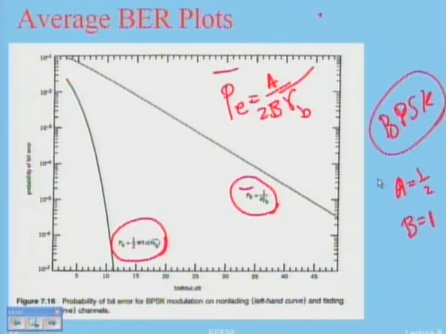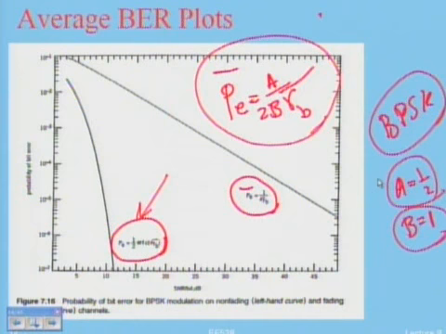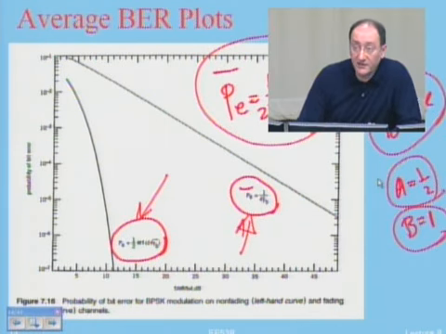For binary PSK, the probability of error is given by this, which means that A is 1/2, B is 1. Plug it in this equation. I get this thing. Okay? This is very clear for my example. But I want now to sketch them. Did you get how I derived that? That was a very simple derivation.